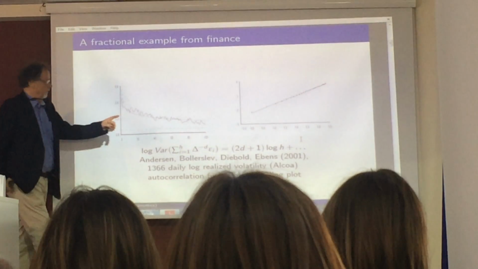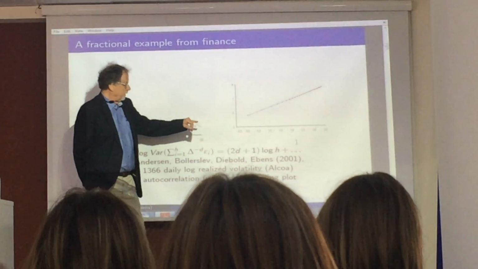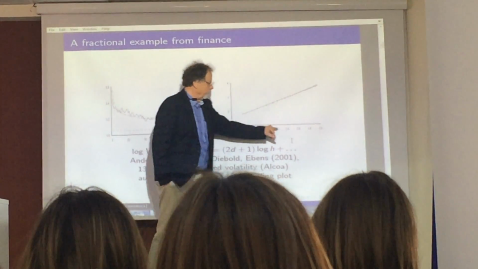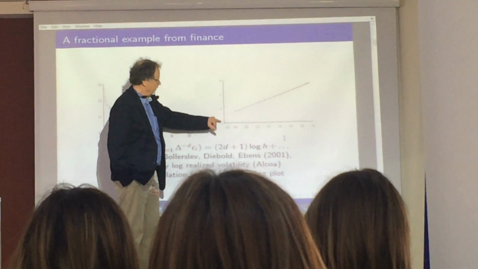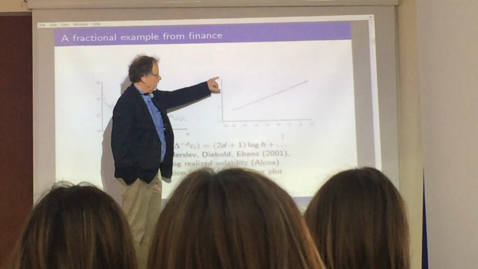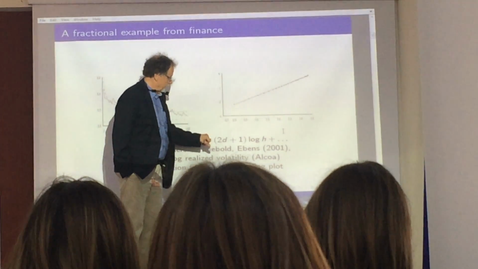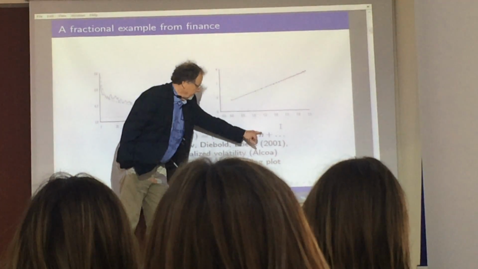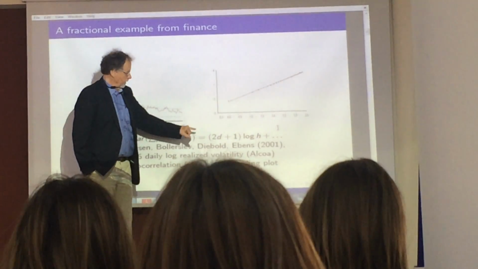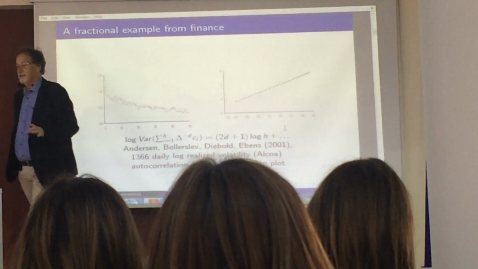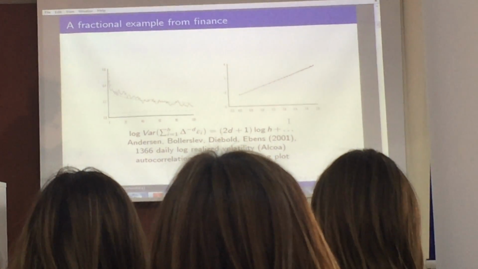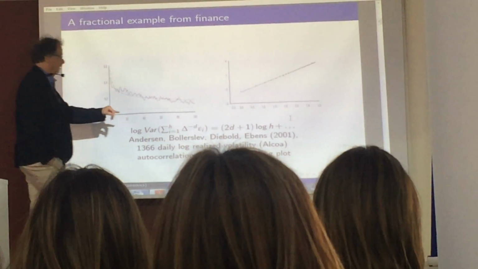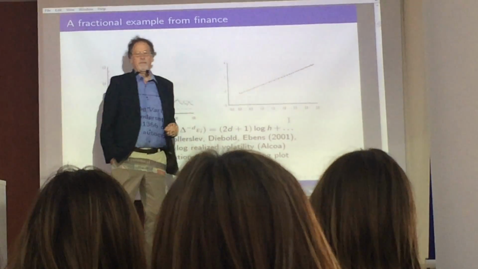If you take the log h and plot it here, and the log realized log variable there in this direction, if this is a linear relation in h, then it's a sign that you have a fractional process, and you can read off the coefficient d, the fractionality, simply by looking at the slope of this line.